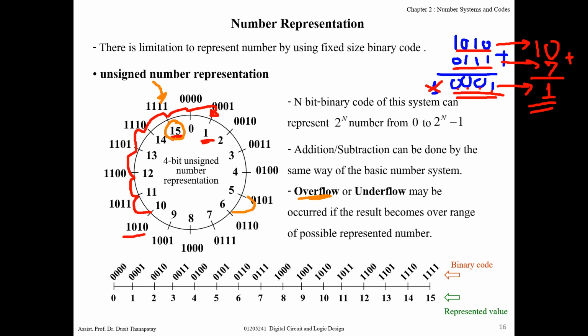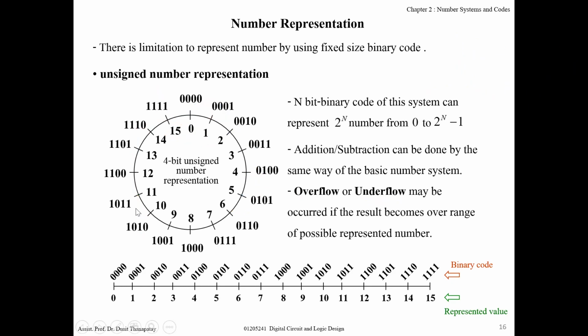And if you do subtraction and the result is lower than the minimum value, it's called underflow. Anyway, in general, we often say only overflow for both directions, when the result is greater than the maximum value or lower than the minimum value. Okay, let's use overflow.